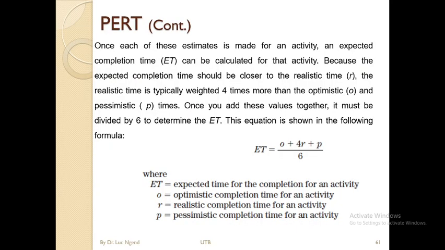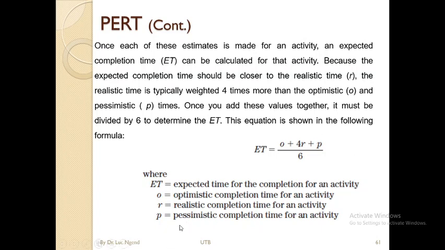So what does it mean here? Estimated time, the expected time for the completion of an activity. O, the optimistic completion time for an activity. Optimistic means the minimum time, so you are optimistic that it's going to take less time.